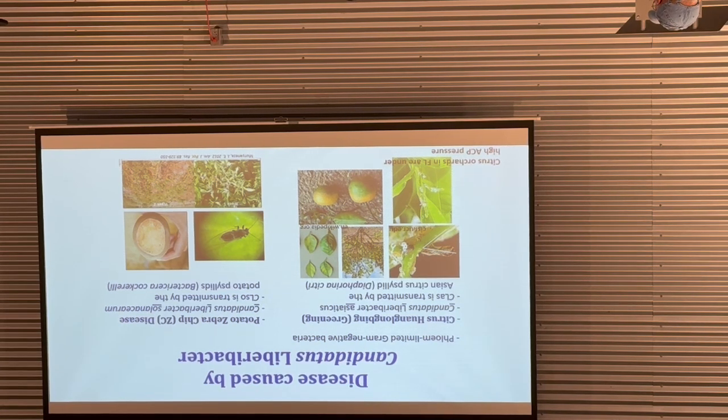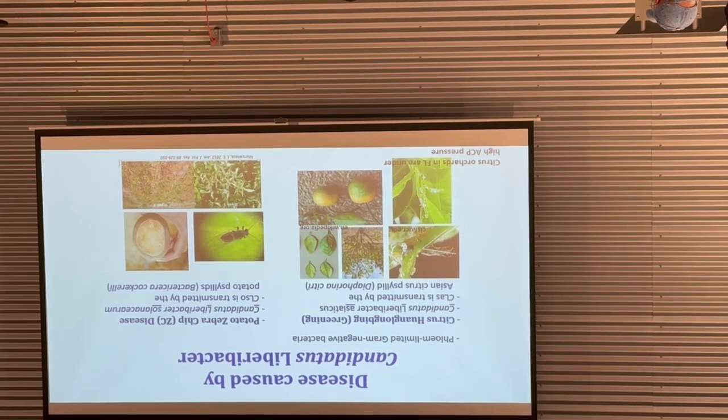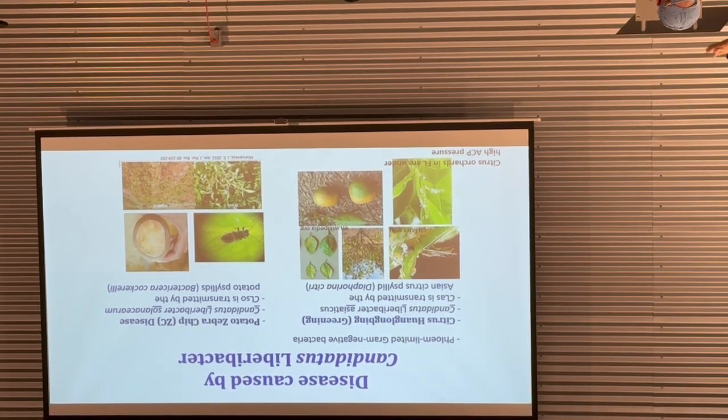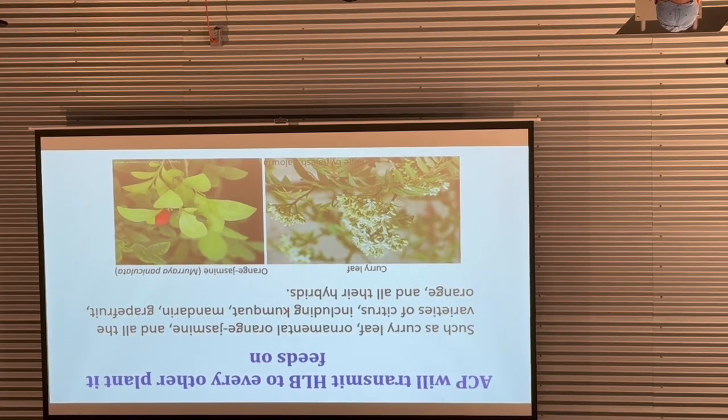The disease pathosystem is pretty similar to the Asian citrus psyllid and citrus greening disease. So in our research, we are using both systems to try to find solutions.